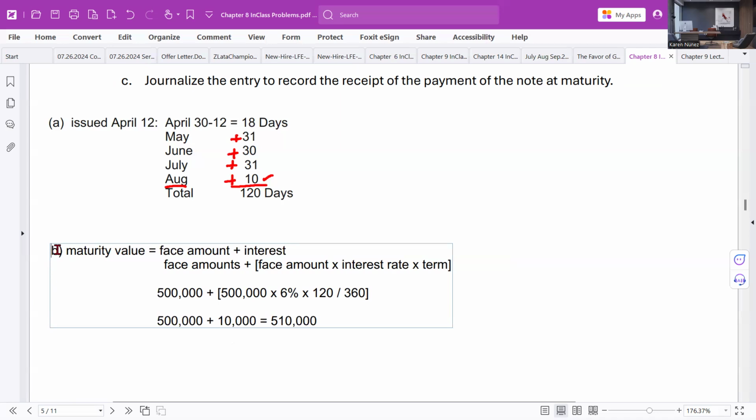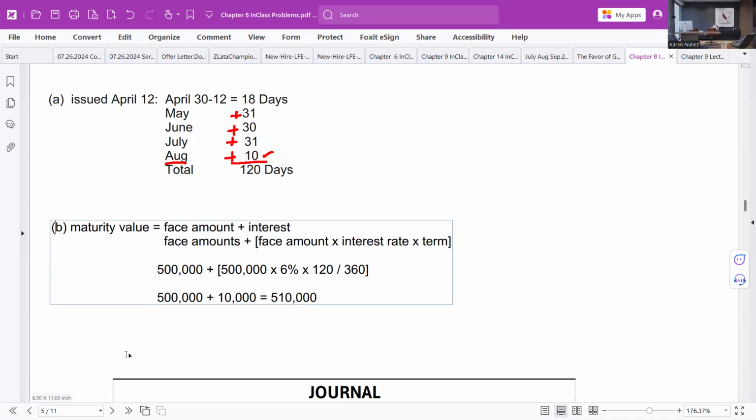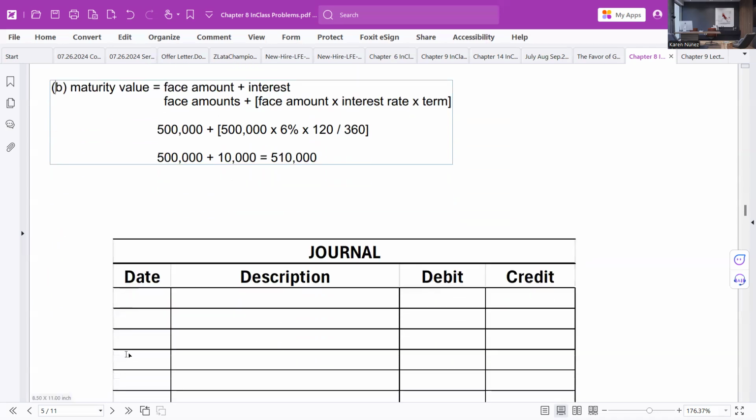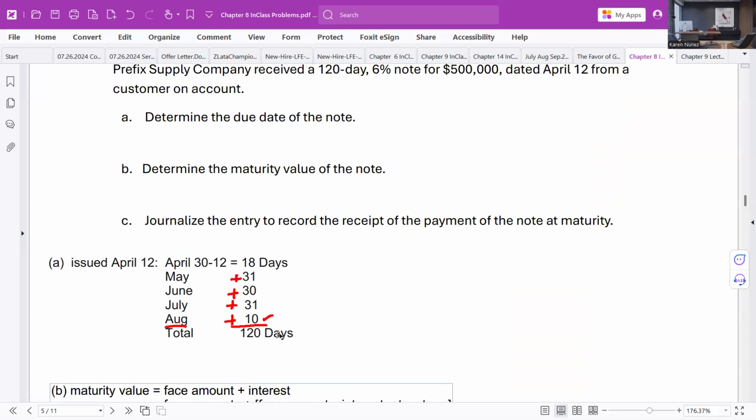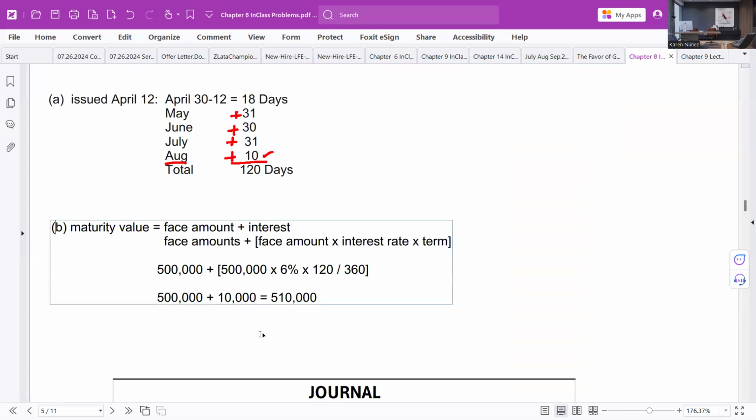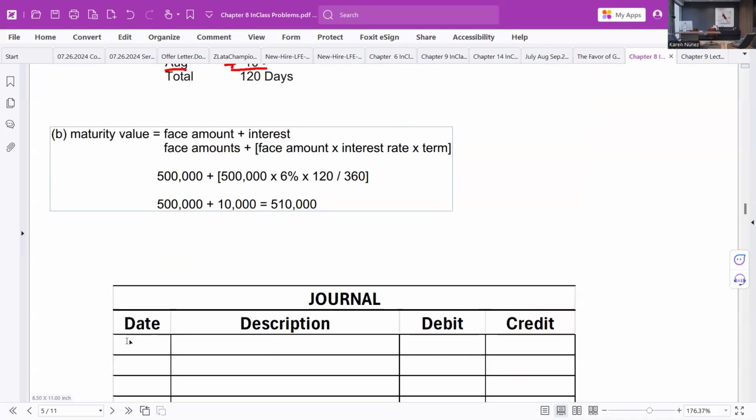And now we need an entry to record receipt of this note. So the note matures on August 10th, right? So on August 10th, we're going to be collecting the maturity value. What's the maturity value? $510,000. We just calculated it.